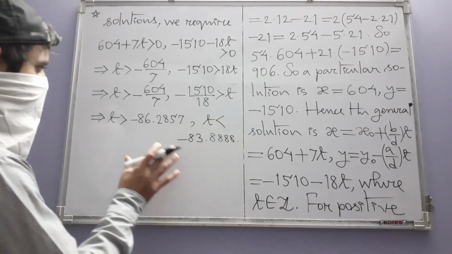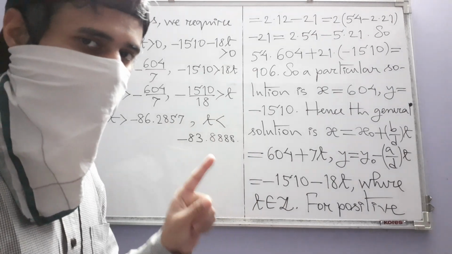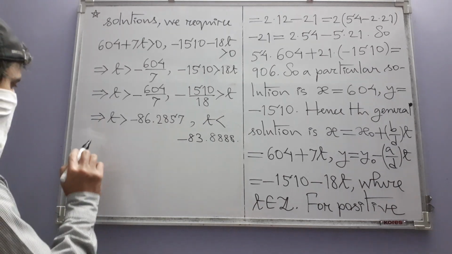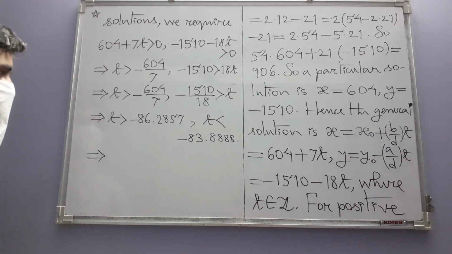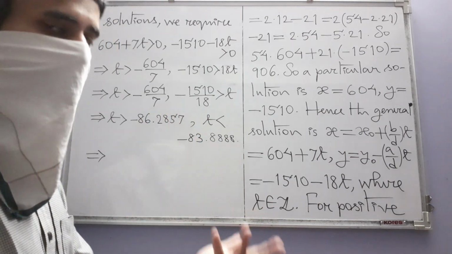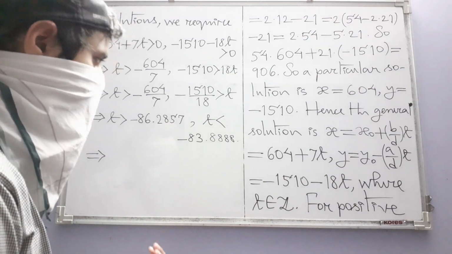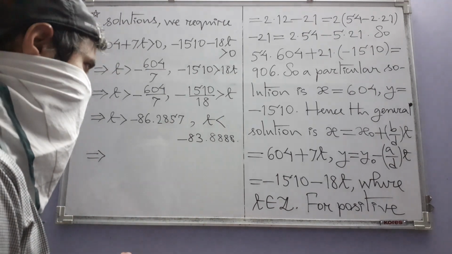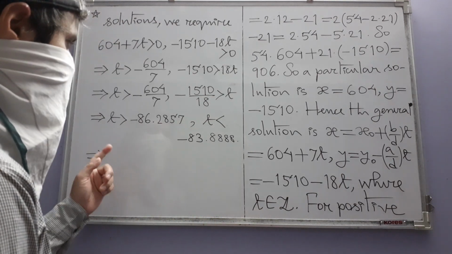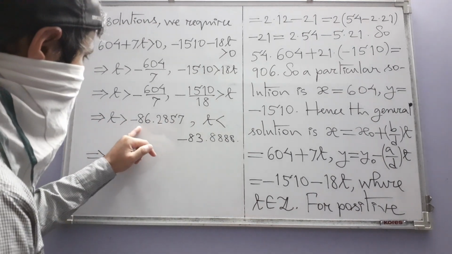So here actually there are some, unlike the previous case where we had only one value of t equal to minus 19, here we have some choices. So t must be less than minus 83 point something. So t can take the value minus 84, it can also take the value minus 85, it can also take the value minus 86, but not minus 87 or lower integers, because t has to be greater than this.